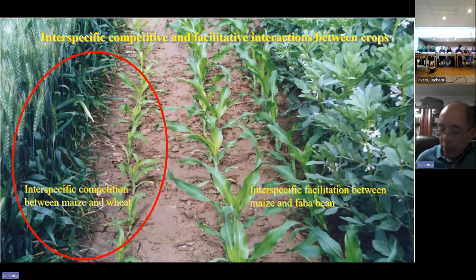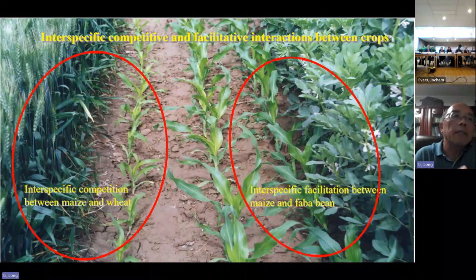You can see when the maize is associated with wheat, it grows much less. But if the maize grows with faba bean, it grows much better compared to the middle row of maize, and much better than the maize associated with wheat.